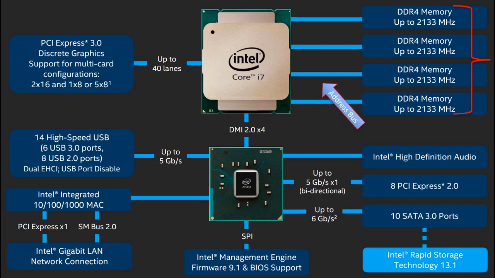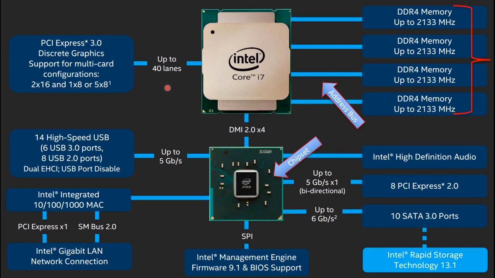The DDR4 memory connects to our Core i7 CPU that we have here by way of the address bus. Data flow between the RAM and the CPU is governed by the memory controller, which is part of the CPU.